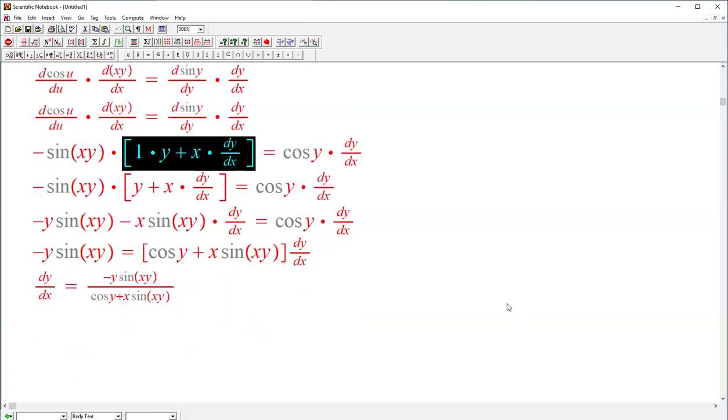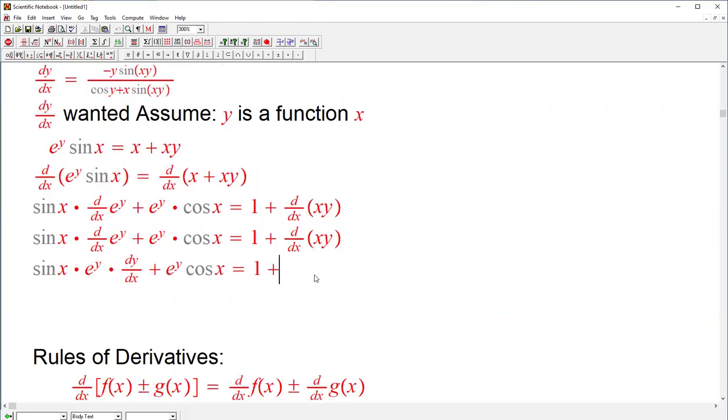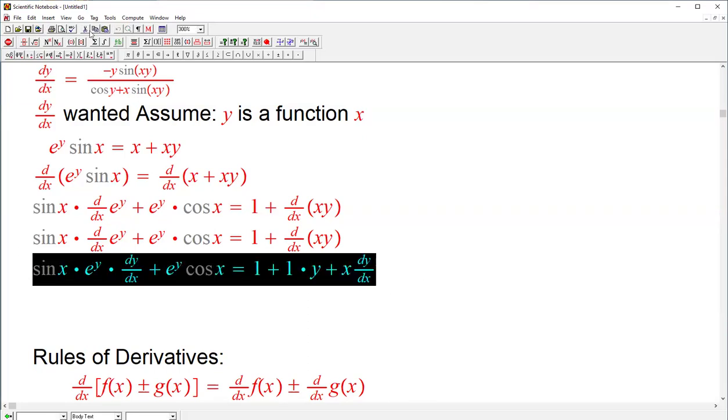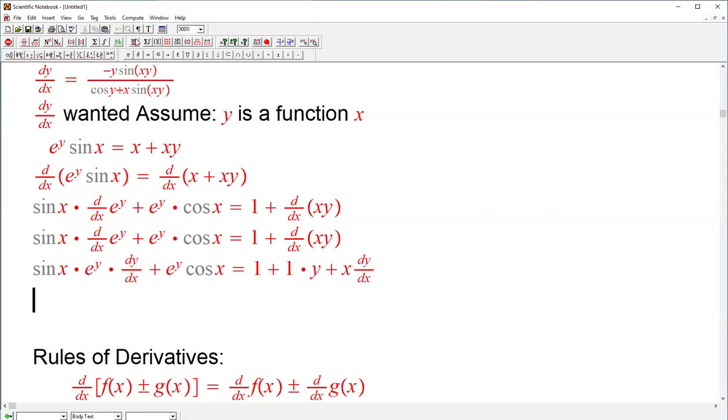Let's do it again. We take the derivative of x with respect to x. That's going to be 1. We keep the y, plus we keep the x, and then we take the derivative of y with respect to x. So that's it. And organize it a little bit.